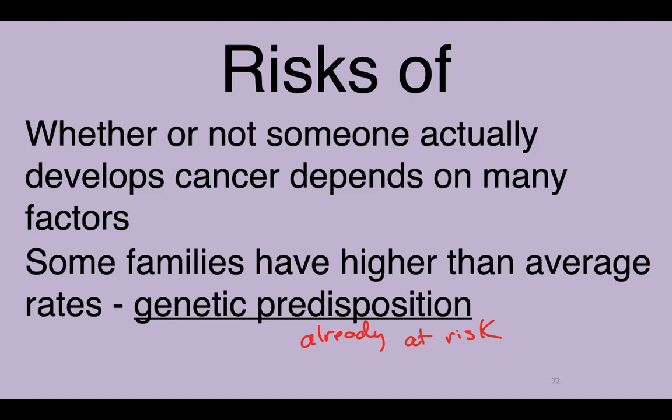For females, breast cancer has been shown to be highly genetic. So if you have a history of breast cancer in your family, well, actually men get breast cancer as well. I think 25% of all the breast cancer cases are men. Just because you don't have large breasts doesn't mean you don't have breast tissue.